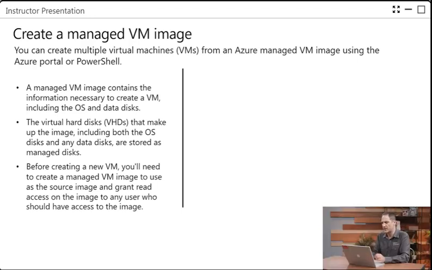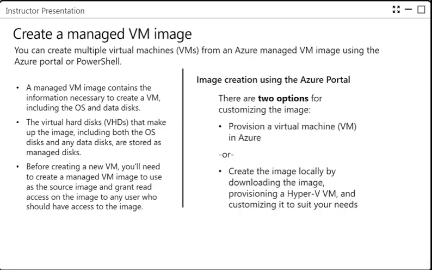Before creating a new VM, you will need to create a Manage VM image to use as a source image. You'll need to grant permissions to the users who need to have access to deploy that. You have two options to create your VM. You can go to the portal and provision your VM in Azure, or you can do that on premises using Hyper-V and provision that from there.